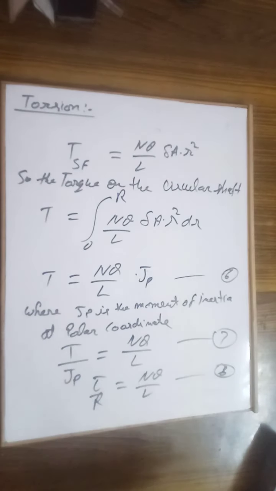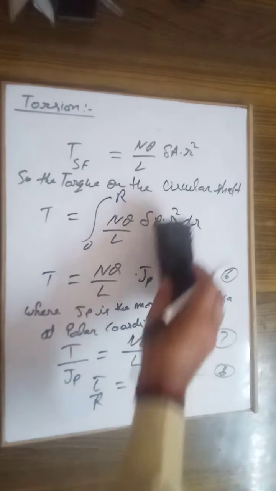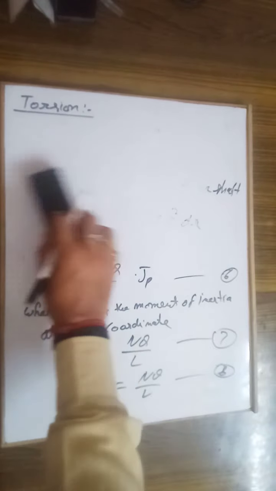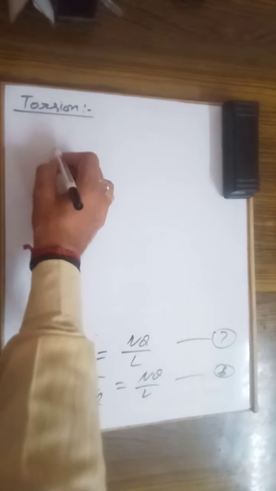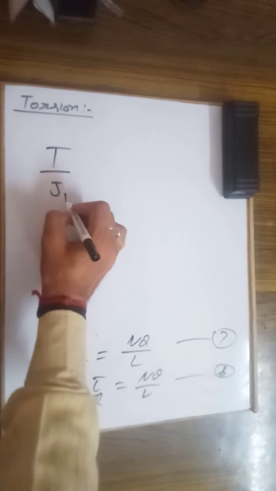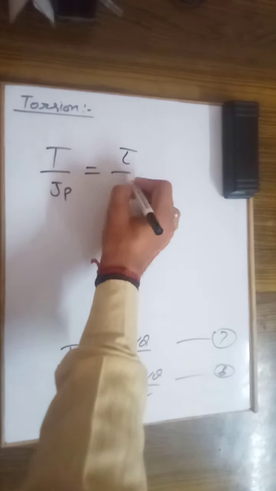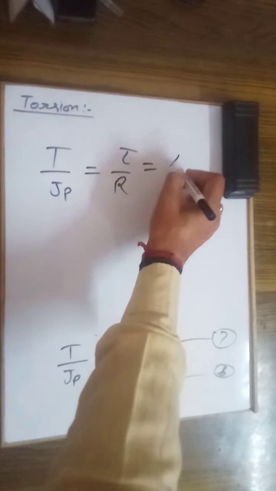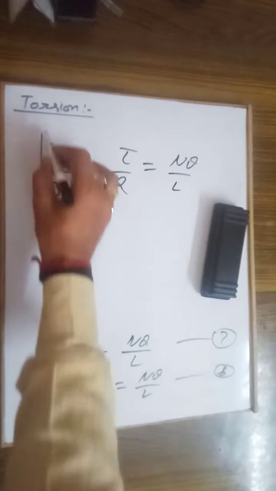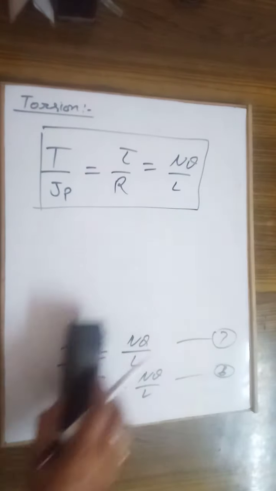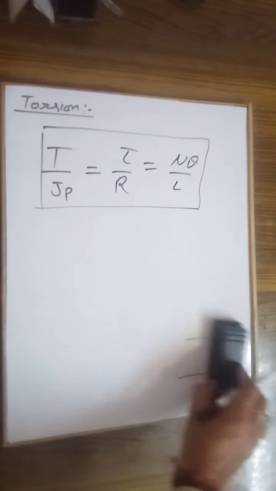By equation 8 and equation 7 we can write that T over Jp is equal to tau by r is equal to n theta upon L. So this is the required relation between these variables.